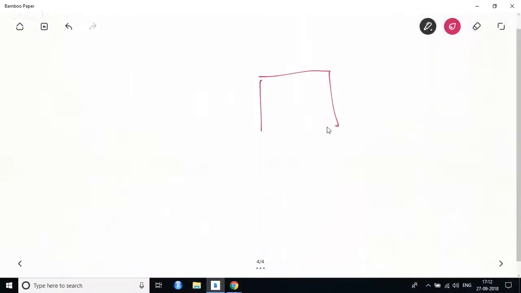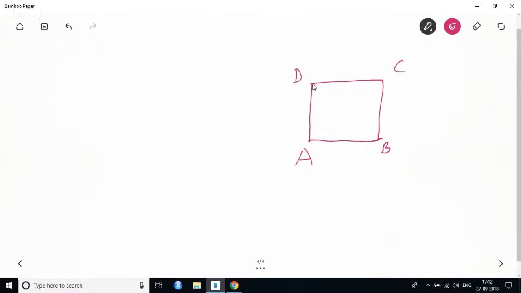So this is like this. This is ABCD we have written, and this is the diagonal and this is the diagonal. Now try to understand, this is 90 and this is 90 and this is 90.